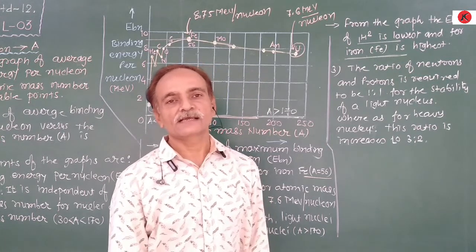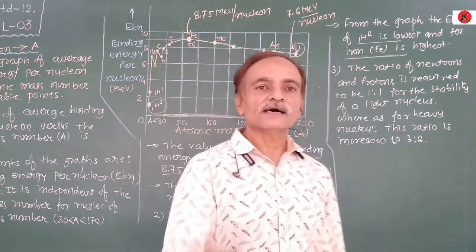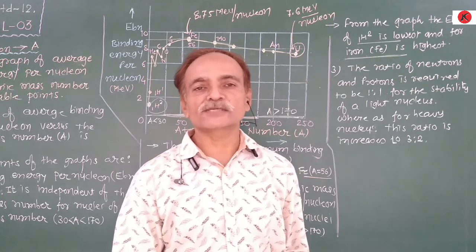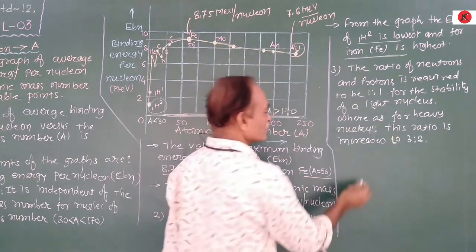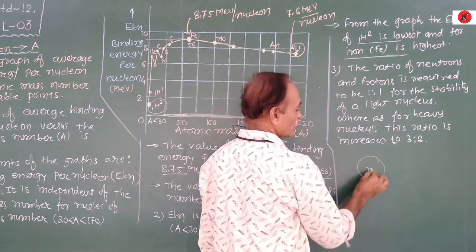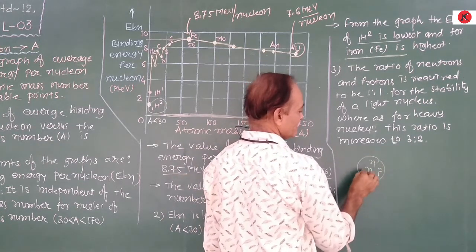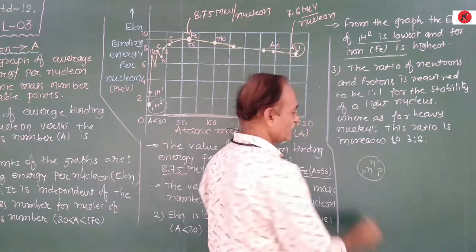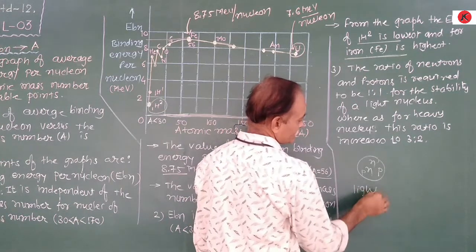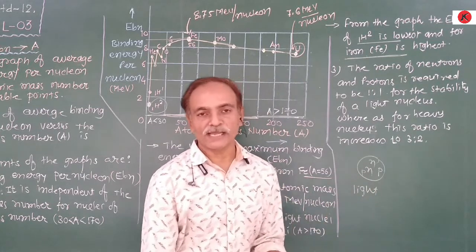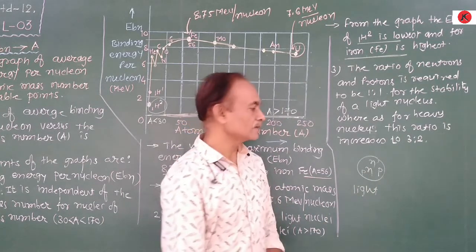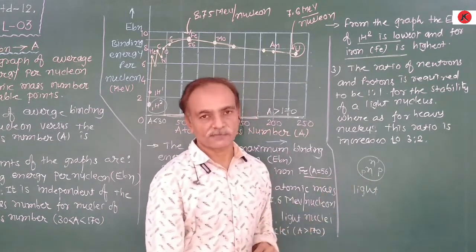Already we know that inside the nucleus, the chargeless neutron and positively charged proton are present. For light nuclei, the number of protons and the number of neutrons are the same. So these nuclei are stable.